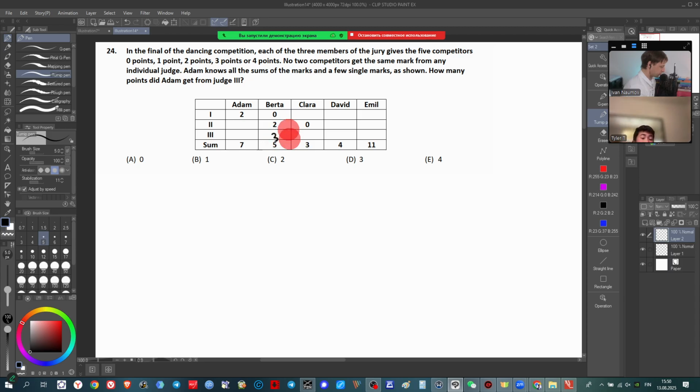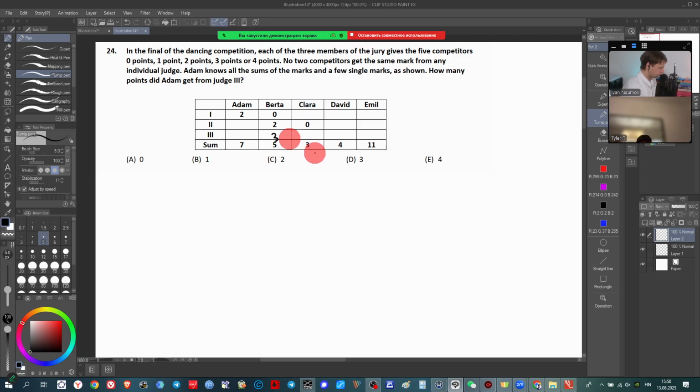So that means it's not D. Okay. And I know that it's not 2 for Adam because Berta got 2. Yes, exactly. And so, it's also not 0.